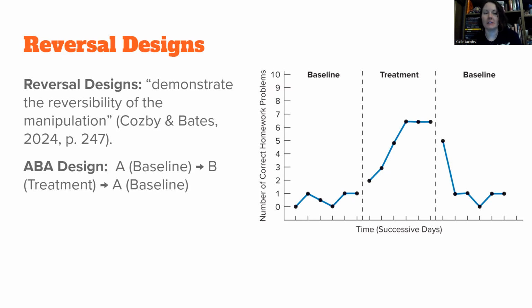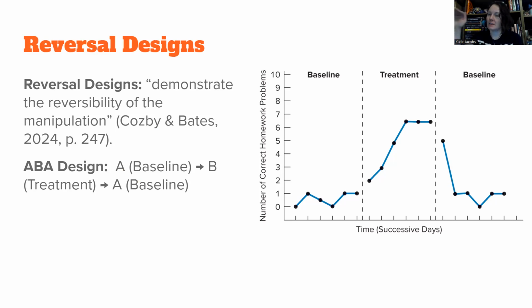So if we put this into an actual example, there's something called an ABA design. This is where you collect baseline data. If we look at this chart, we see the baseline data where they have these different data points here. I think they have 6 data points before they start the treatment. Then they have 6 more data points where we see a steep increase in whatever skill that they're doing. So here, number of correct homework problems.